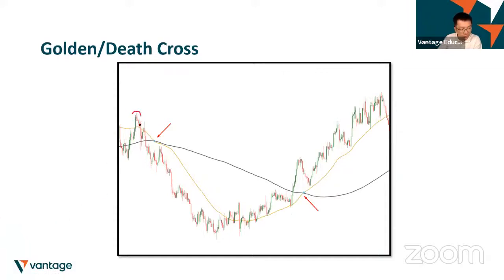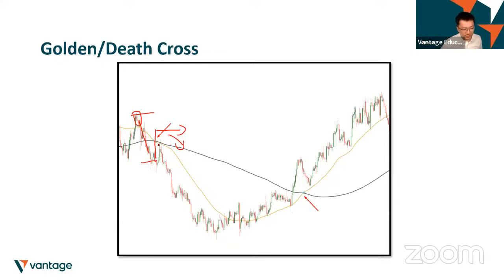It was here, it's already moved down, and where the 50 and the 200 cross, price has already moved that much. You might have already missed out on some movement, but the death cross, the 50 under the 200, gives you the indication that from that point on we can see further downside because of the crossover of the two moving averages.